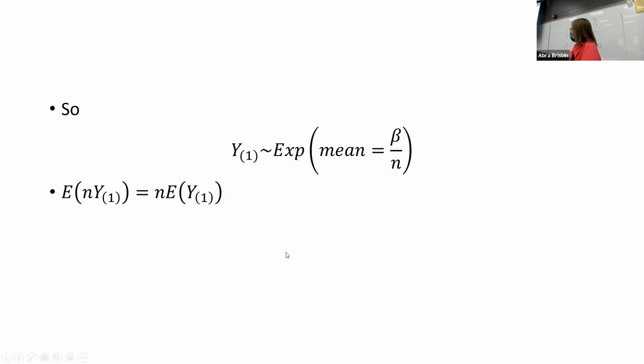And the expected value of the minimum we just found was beta over n. So we have n times beta over n, which is beta. So that's proving that our estimator, n times the minimum, is an unbiased estimator for beta.